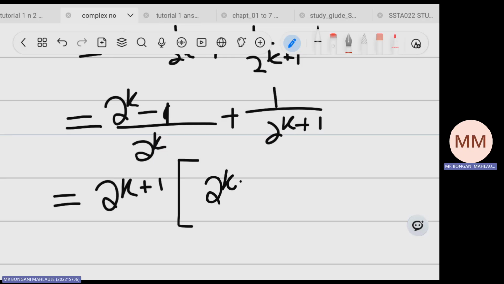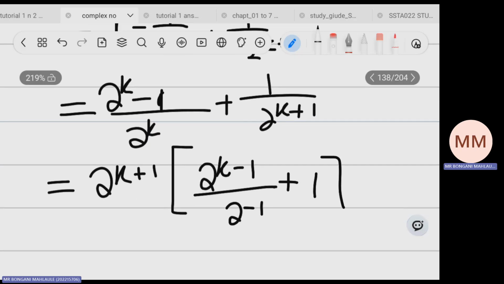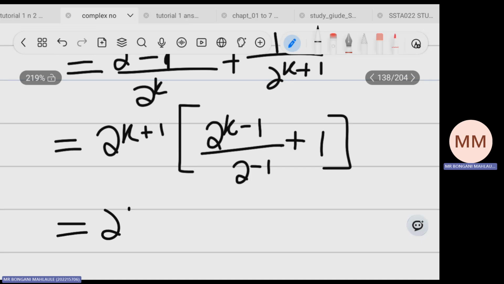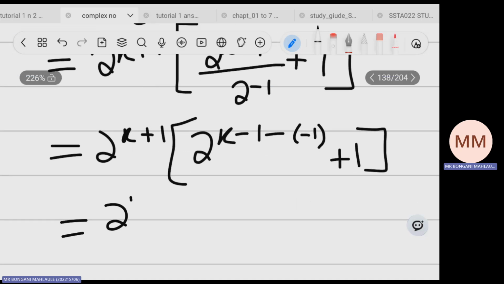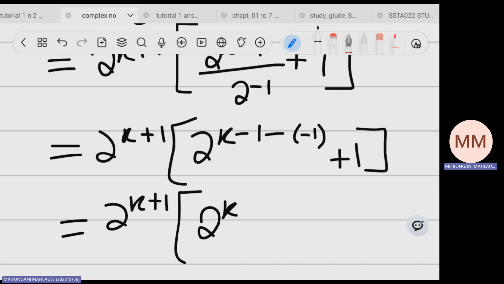This will be 2k minus 1 all over 2 to exponent negative 1 plus 1. Then if I simplify this, we should get 2k. This will give us 0 and plus 1.